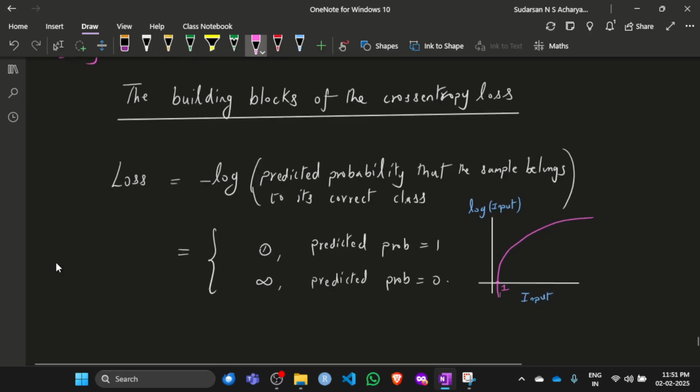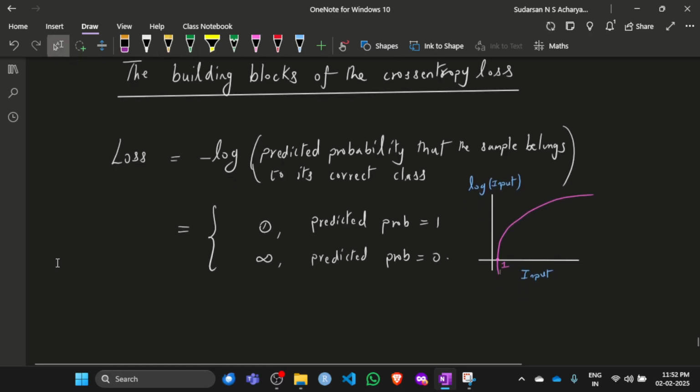Now we are going to make use of the cross-entropy loss in understanding what is known as the generative adversarial network, or the GAN, and this loss also shows up in many other contexts. So the building blocks are as follows, right?